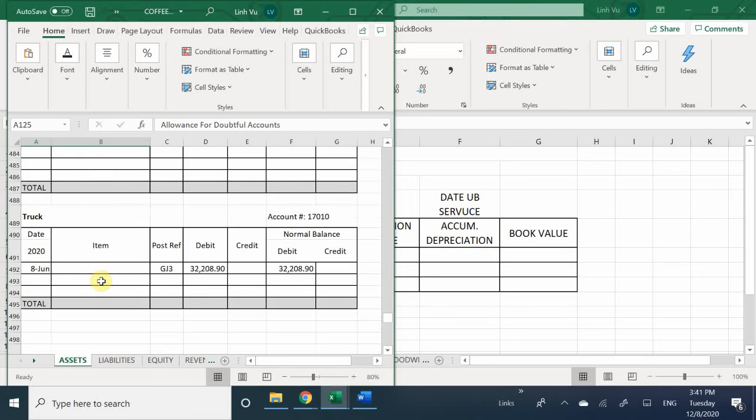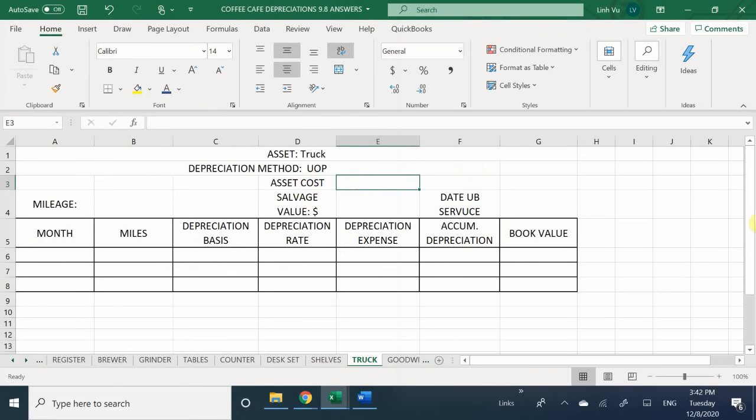Depreciation is only for assets, fixed assets. Okay, there we go. Finally. So the full amount, $32,208.90, is how much your asset cost. Good. So I'm going to write 32,208.90 as my total asset cost.